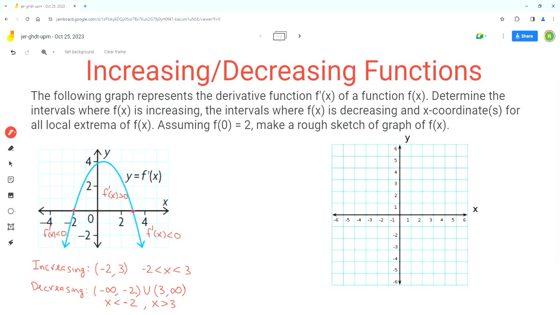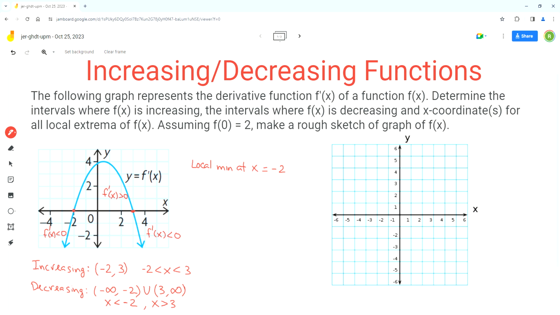That means the function is changing from decreasing to increasing. So there is a minimum at x equals -2. This is a very important concept you need to understand and memorize.